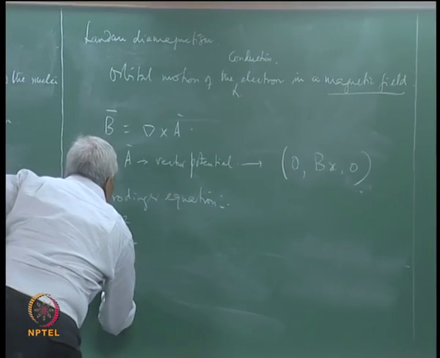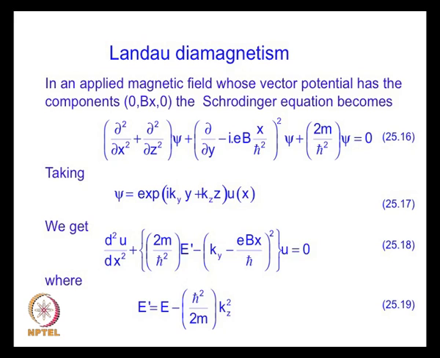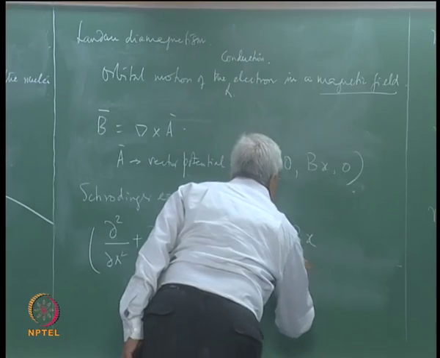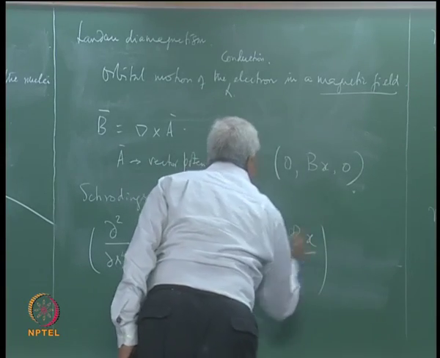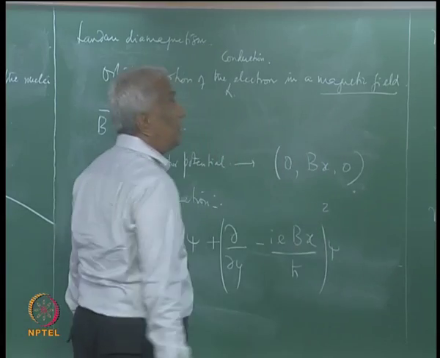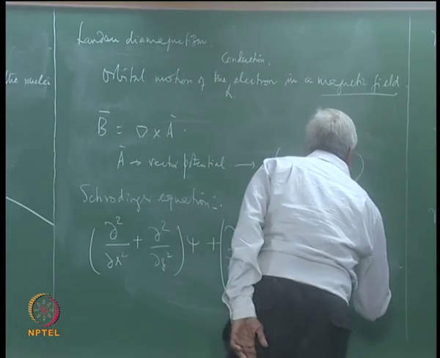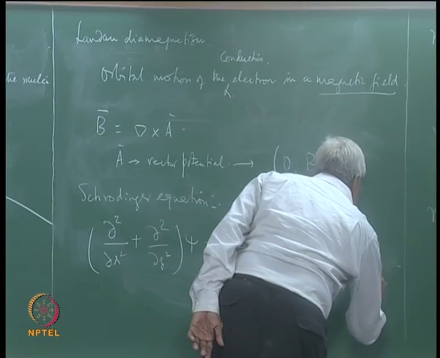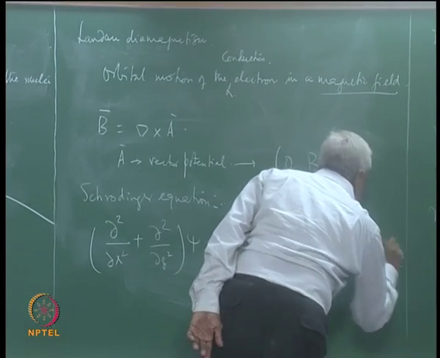d square by dx square plus d square by dz square psi plus d by dy minus i e B x by h cross, whole square, operating on psi plus 2m by h cross square E equals 0.